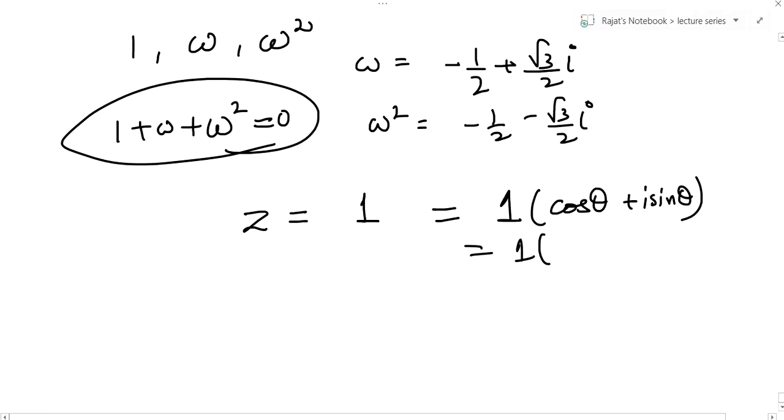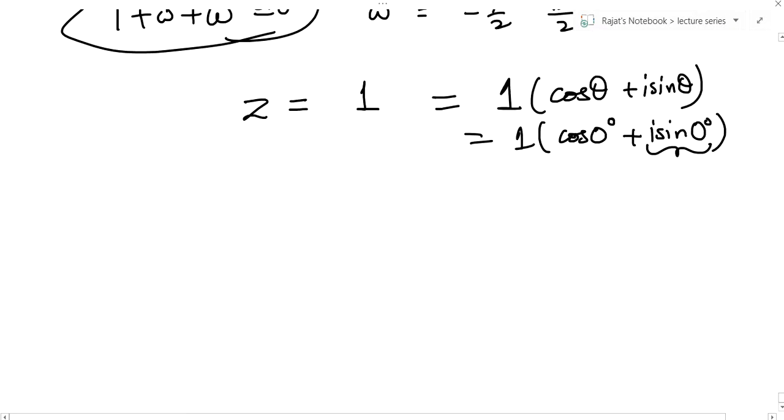So theta will be 0, this thing will vanish and this will become 1. Very simple. Now I have been asked to find the cube root of 1, so basically 1 to the power 1 by 3. Essentially z to the power 1 by 3 is what I have to calculate.